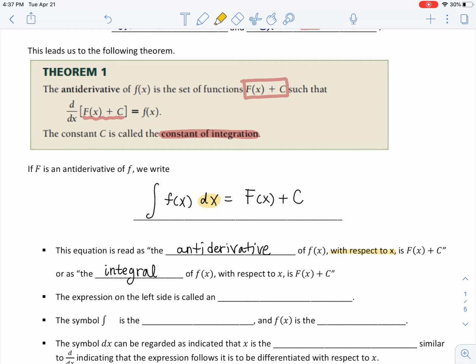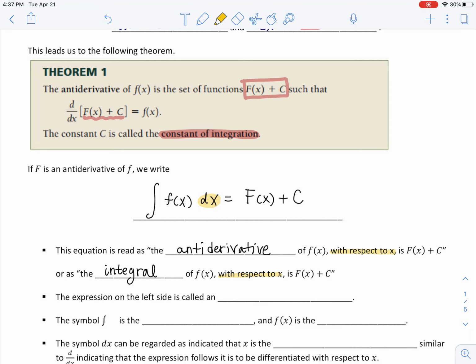So we can read this as the antiderivative, or the other way of saying it is the integral of little f of x, and the with respect to x part is that dx, is big F of x plus c. So two ways to read it. We can call it the antiderivative, or we can call it the integral. And I tend to say both ways.